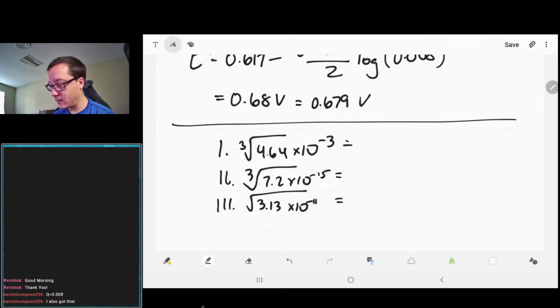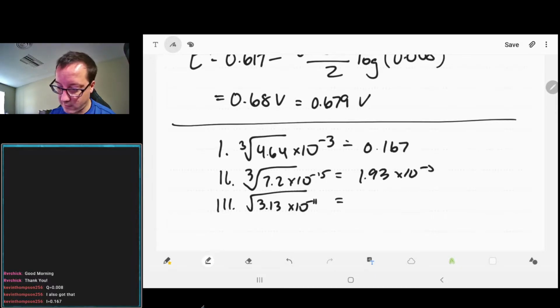Bust out all these. So 4.64 e negative 3 to the 1/3 power, 0.167-ish. 7.2 e negative 15, also to the 1/3 power, 1.93 times 10 to the negative 5.